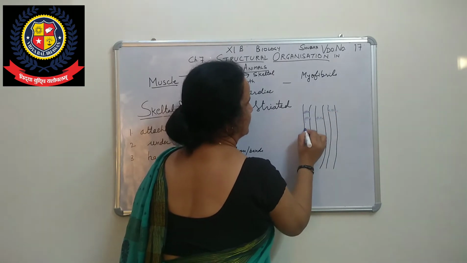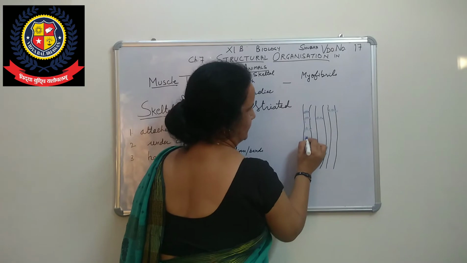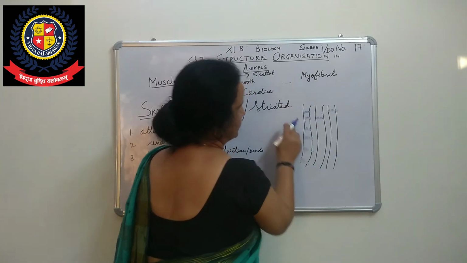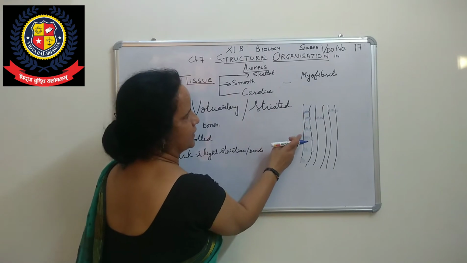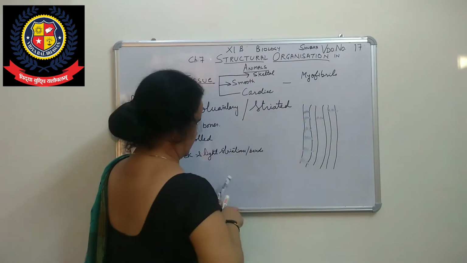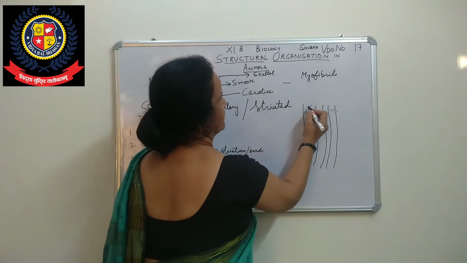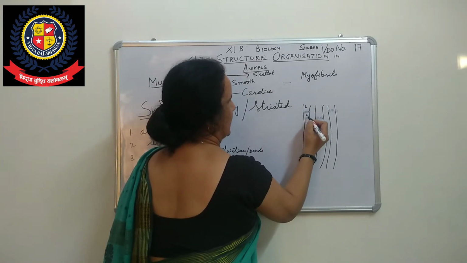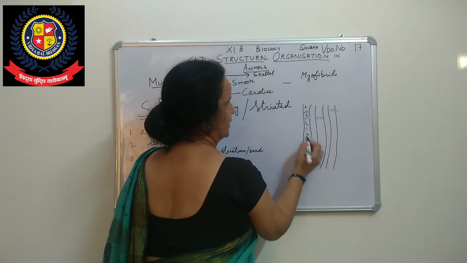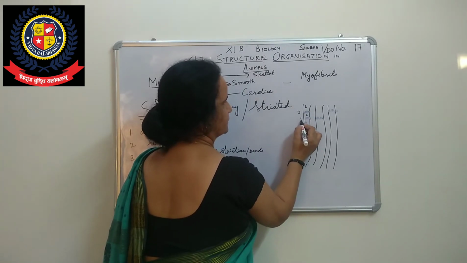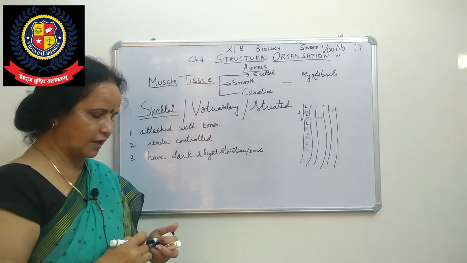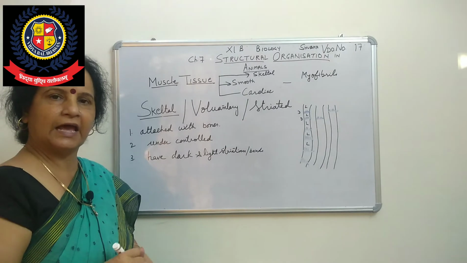This one is dark, this one light, then light and dark. So dark and light bands alternate. These striations are alternate dark and light bands.